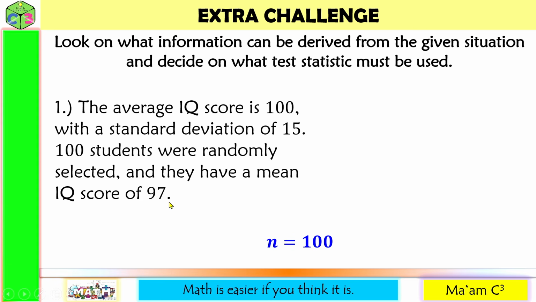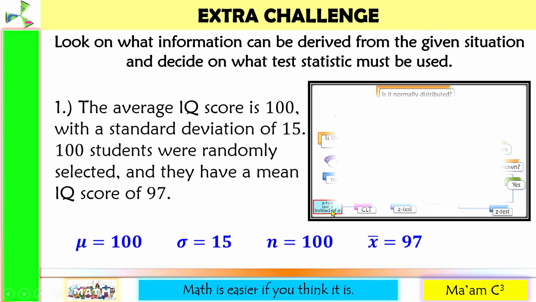So x bar is equal to 97. It follows that this average IQ score, which is 100, is the population mean denoted by mu. With a standard deviation of 15, this is the standard deviation of the population. So this is sigma. Sigma is equal to 15.